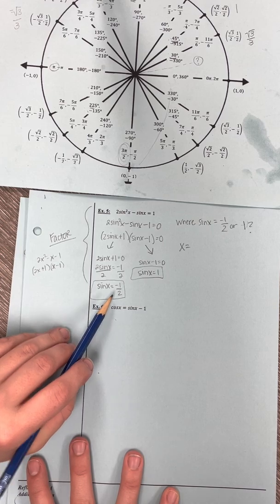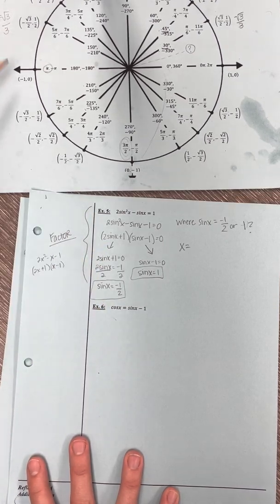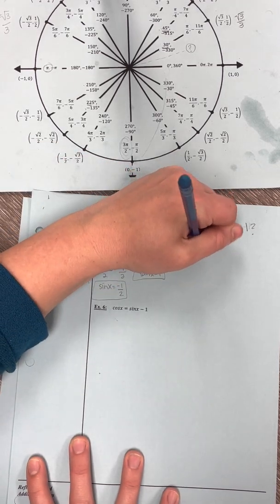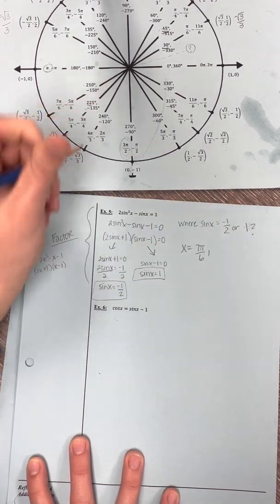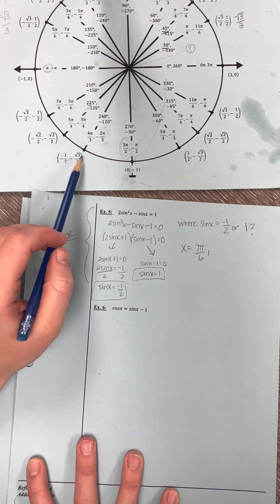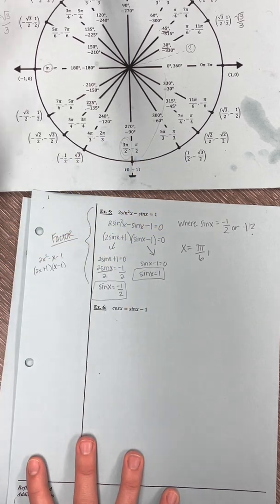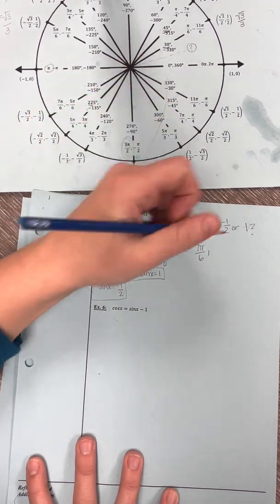All right, so where sine x is equal to -1 over 2, we've got 7 pi over 6. And then we have, I think that's it. I feel like I'm missing one. Aha, 11 pi over 6.